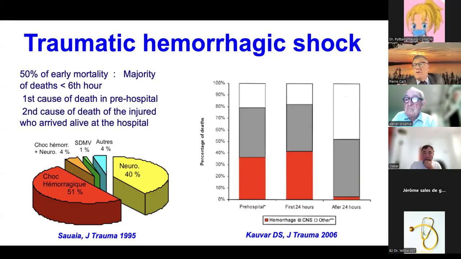That's one of the major points of this course today: to review the way we can stop it, and stop it quickly, because it's a matter of possibility of care and efficient care for all these patients.